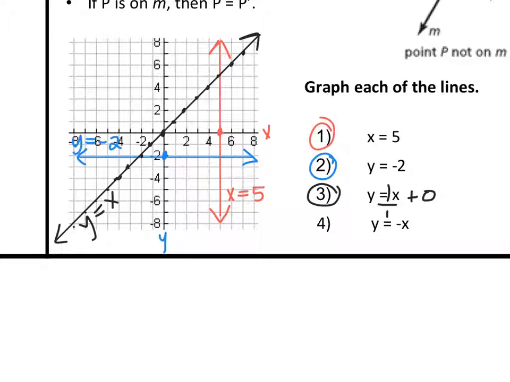Okay, the last one is y equals negative x. What number's in front of x right now that you can't see? A 1, specifically a negative 1. So y equals negative 1x, and you could do plus 0 again. So I'll graph this in green. Sorry, it's kind of hard to see. So it's going down 1, right 1, and it starts at 0.